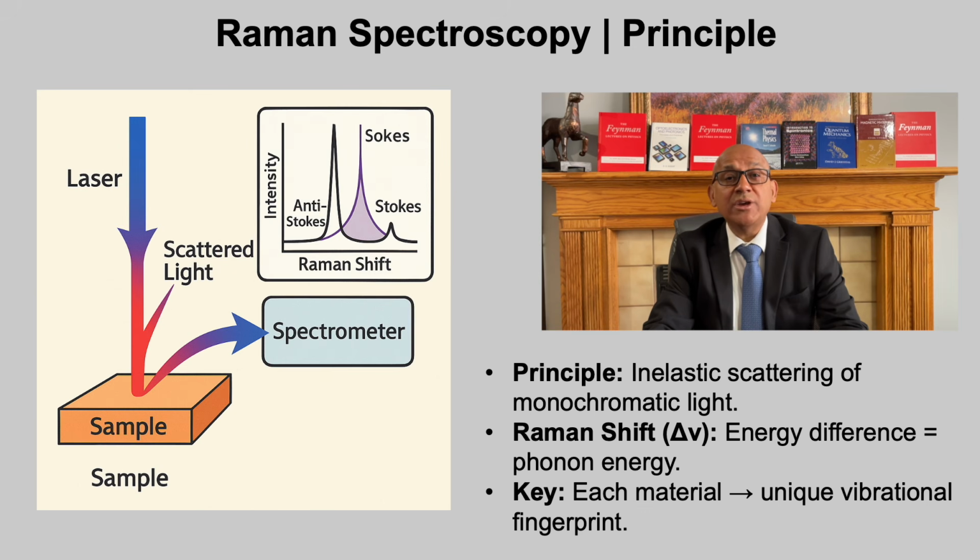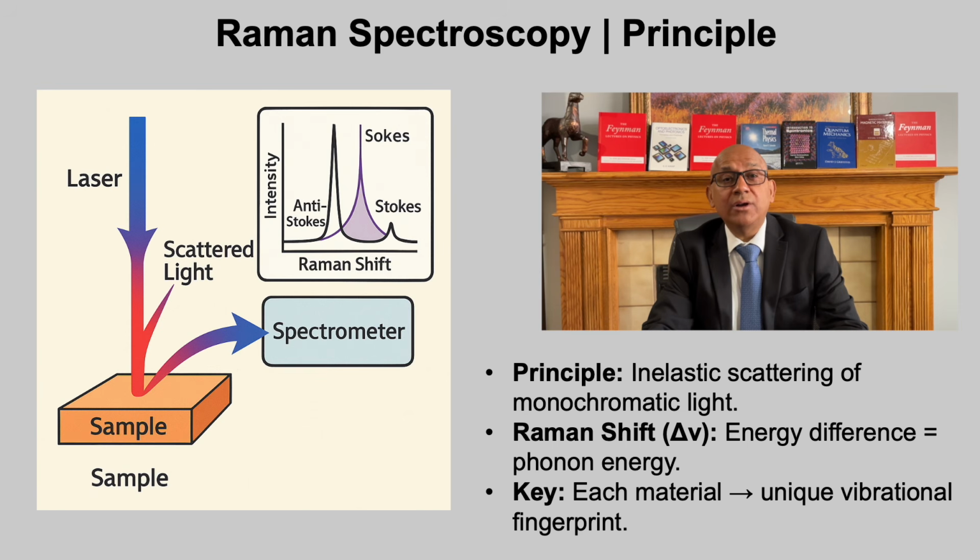Raman spectroscopy is based on the inelastic scattering of photons. When monochromatic light, typically from a laser, interacts with a solid, most photons scatter elastically. No energy exchange. A small fraction exchanges energy with lattice vibrations called phonons.